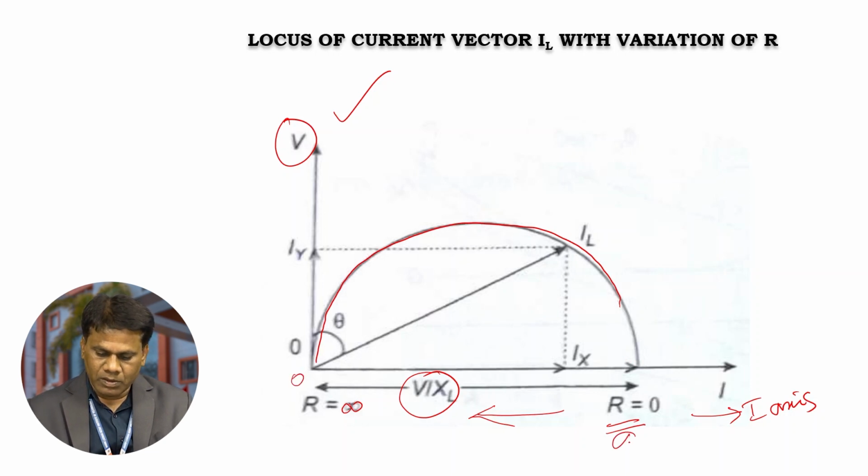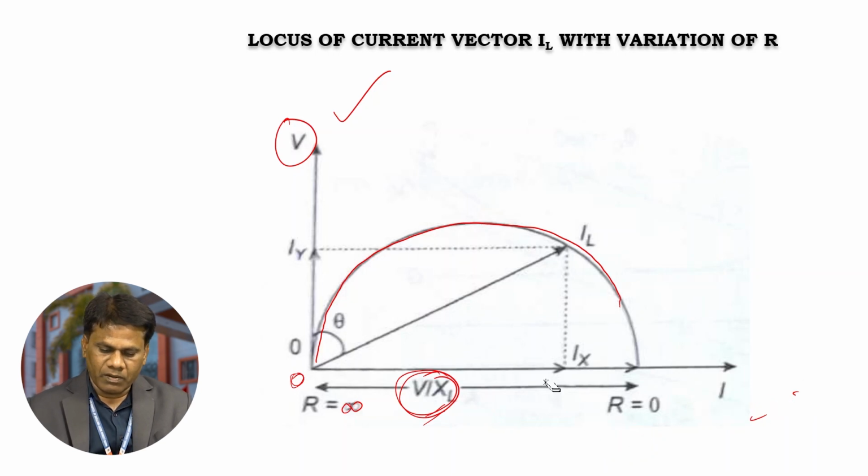When R is equal to 0, the phase angle is 90 degrees and the current is maximum, given by V by XL. When R changes from 0 to infinity, the current reduces gradually from the maximum value V by XL to 0, and the phase angle also reduces from 90 degrees to 0 degrees.